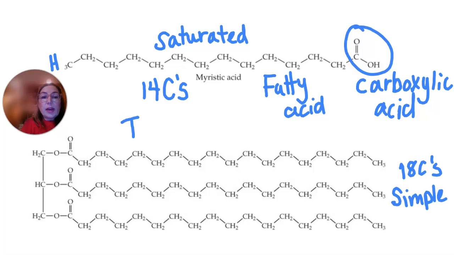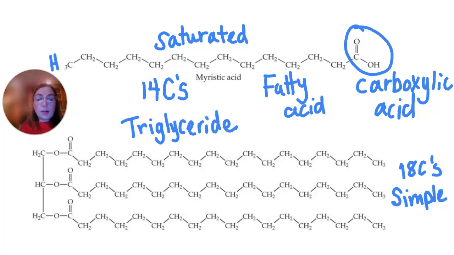Okay, so here we have a triglyceride. How do we know we have a triglyceride? Well, we see that we have 3 long carbon chains on this vertical backbone of 3 carbons. So we have CH2 going down, CH going down, CH2. And off of each of those 3 carbons is O bonded to C double bond O, an ester group.